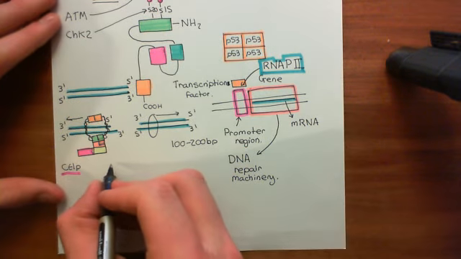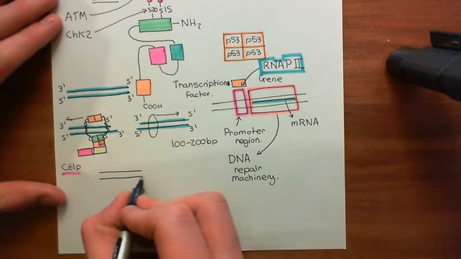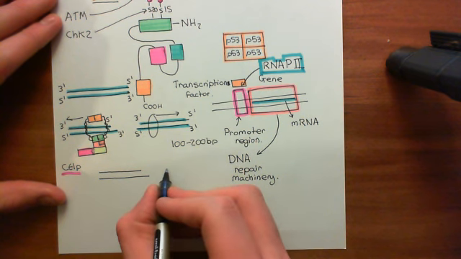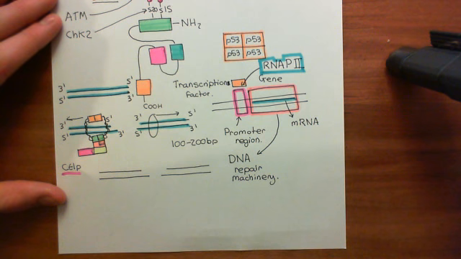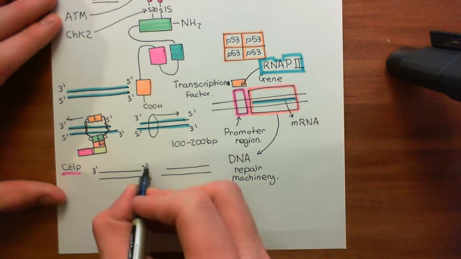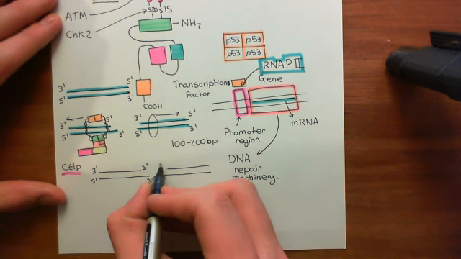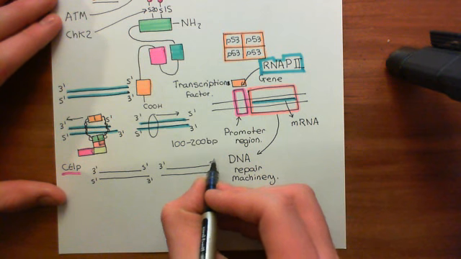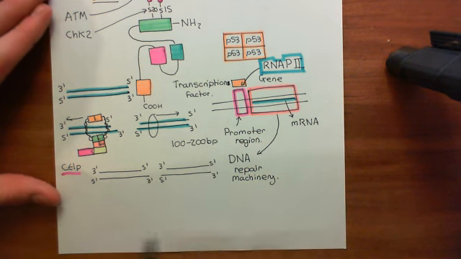Okay, so let me draw this picture again. Here we have our broken end of our DNA here, and here's our other broken end of the DNA. Remember the polarities. This is 3', this is 5', this is 5', this is 3', this one's 3', this one's 5', this one's 5', this one's 3'.